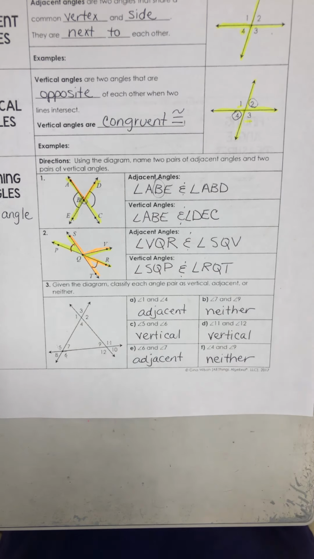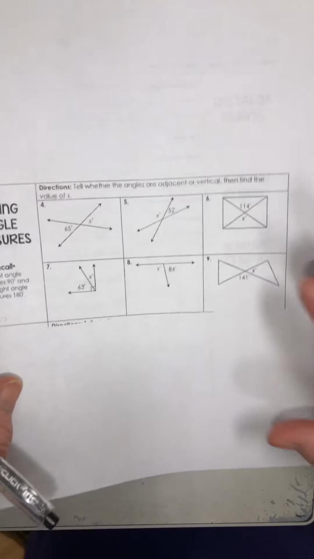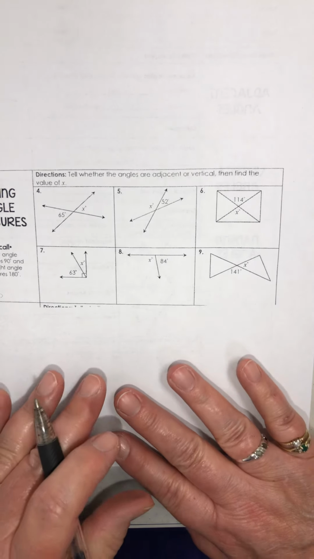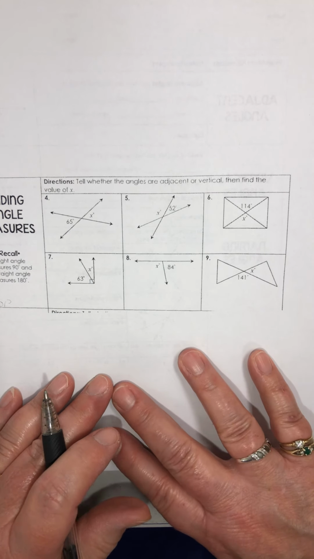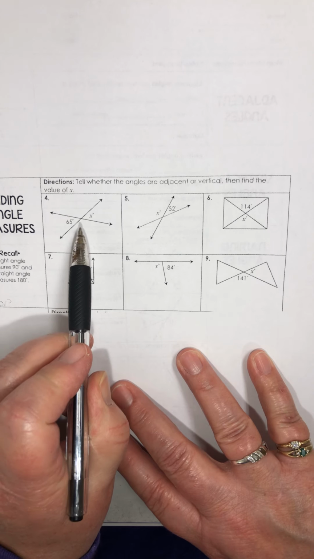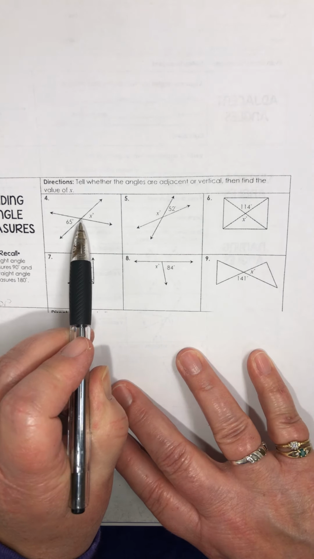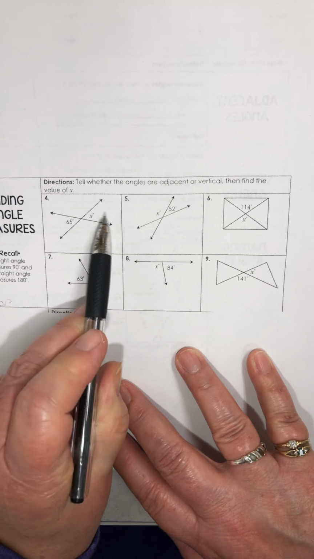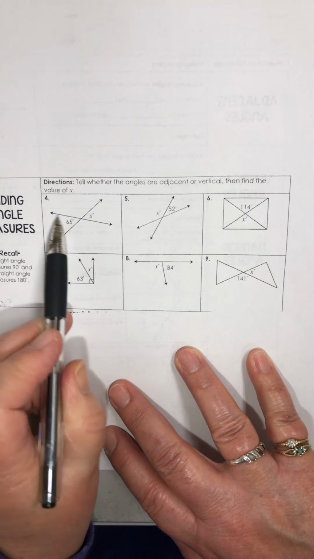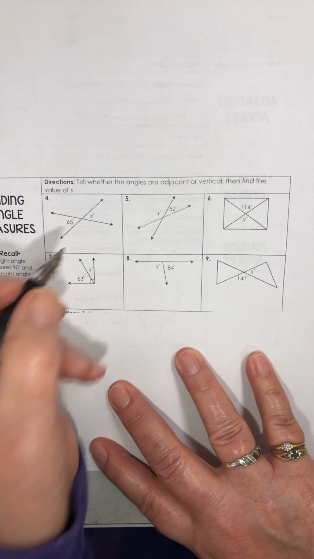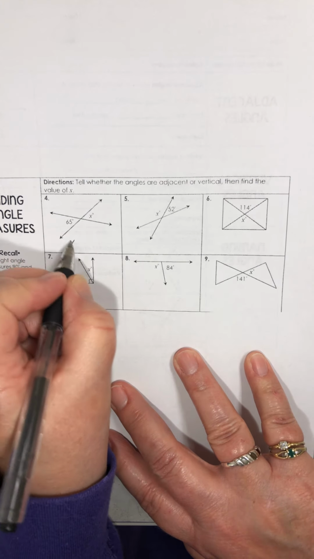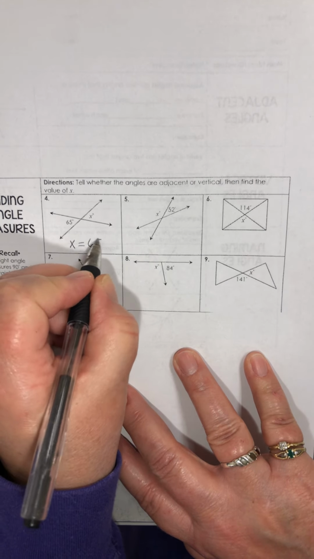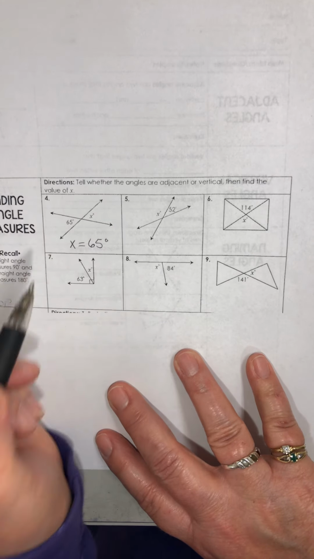We can use the idea of vertical especially, to tell us something that is missing in a picture. So if we look at this picture in number 4, and this is on the back of your worksheet, and we know that these are vertical angles, they're across from each other, and these are intersecting lines, we know the measurement of angle X equals 65 degrees because these two are congruent.